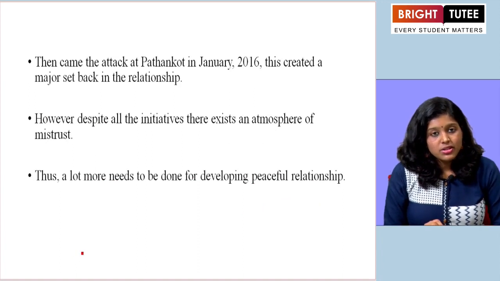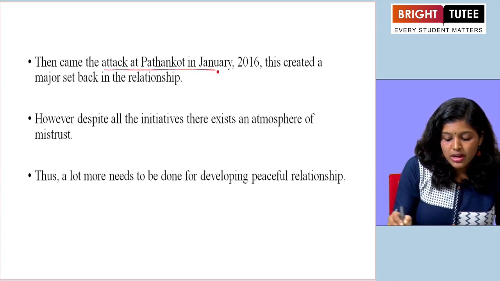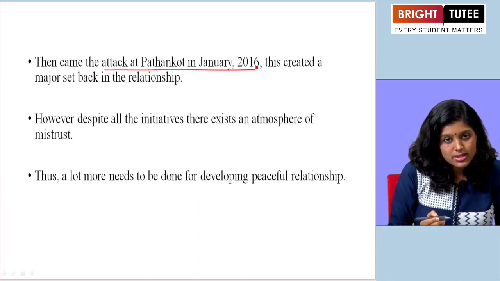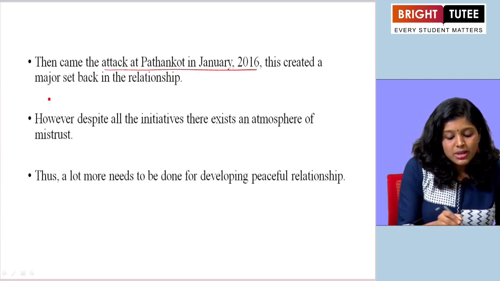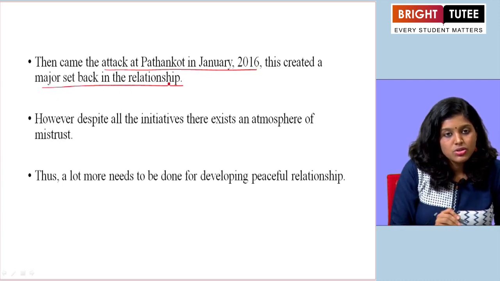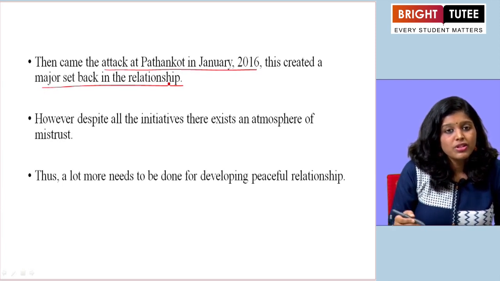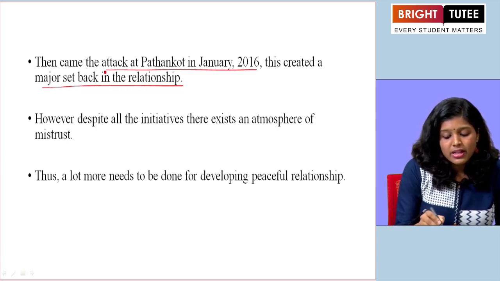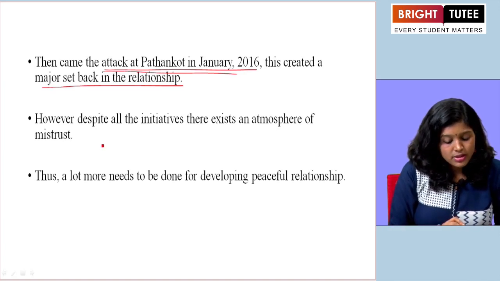And later, post Kargil war, came the attack at Pathankot in 2016, which is a recent incident, and this created a major setback in the relation. So whatever improvements were happening remained unfulfilled, because this attack on Pathankot was a major setback.